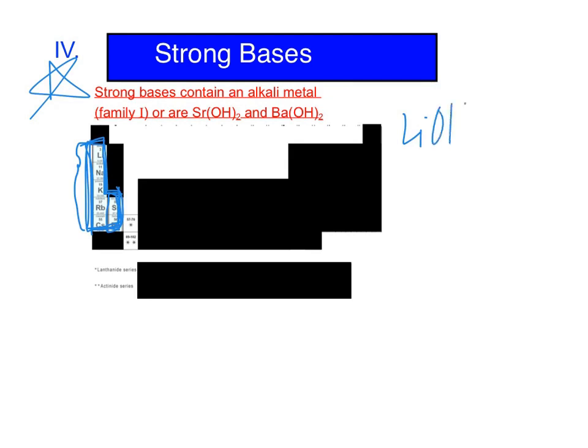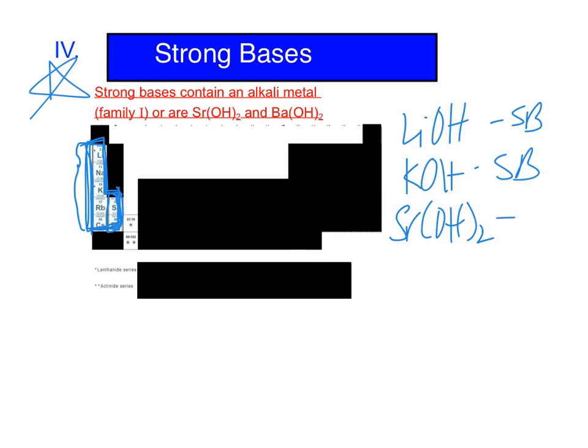So lithium hydroxide is a strong base. Potassium hydroxide is a strong base because those are alkali metals. Strontium hydroxide is a strong base because it's in that little B. This is a little bit of a stretch, but let me erase this. Strontium and barium, doesn't that almost say strong base?